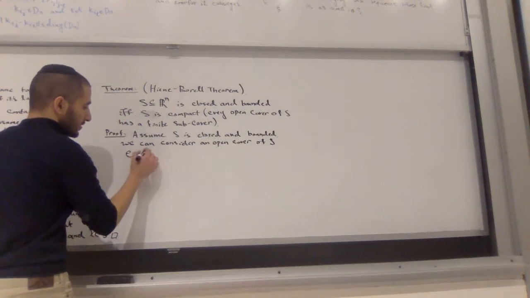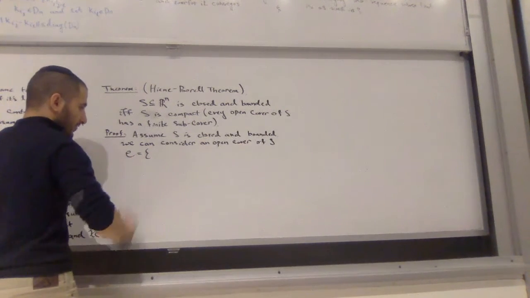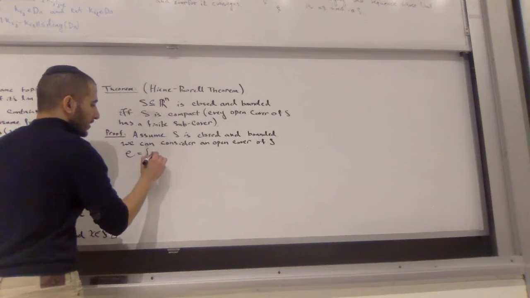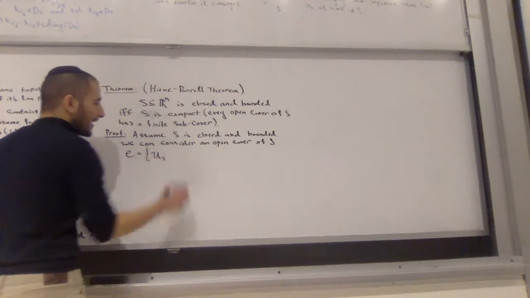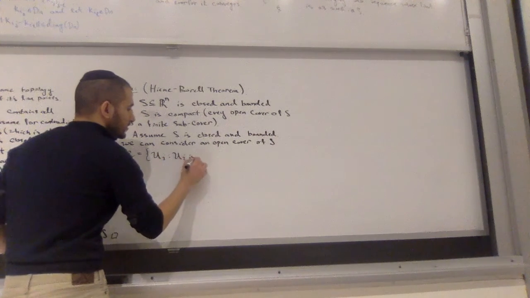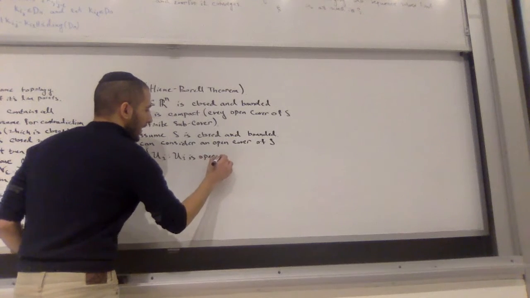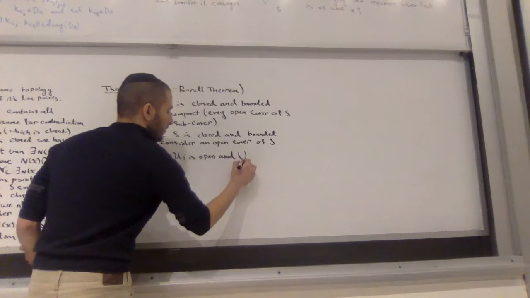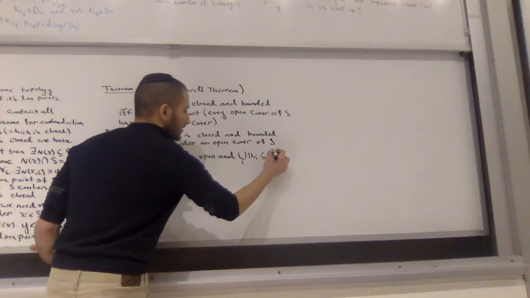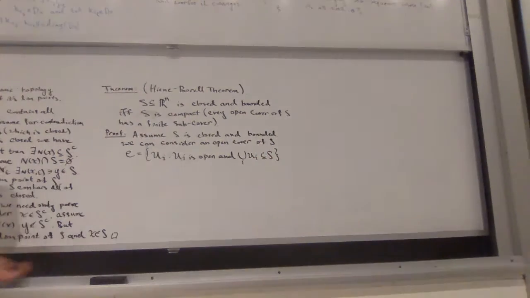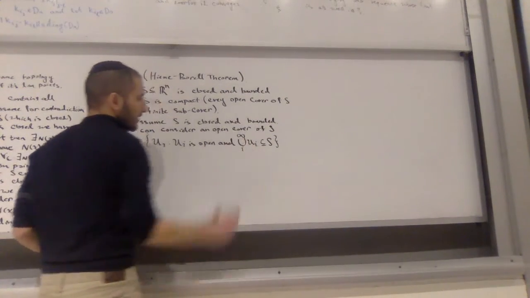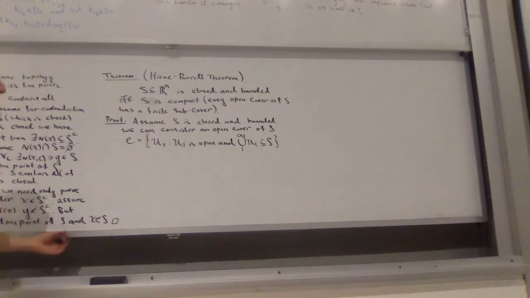C is this. Whoops, this is not working out. So it's the set of U_i such that U_i is open, and the union over i of U_i contains S. Okay? And this, of course, is an infinite cover in principle.